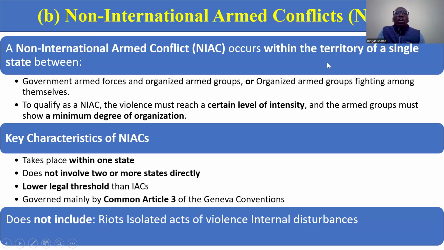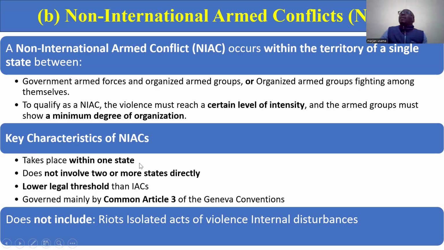Then non-international armed conflicts occur within the territory of a single state. For example, that is government armed forces and organized armed groups. For example, in Somalia, the war between the government and Al-Shabaab, that is a non-international armed conflict. Among the characteristics, it takes place within one state.